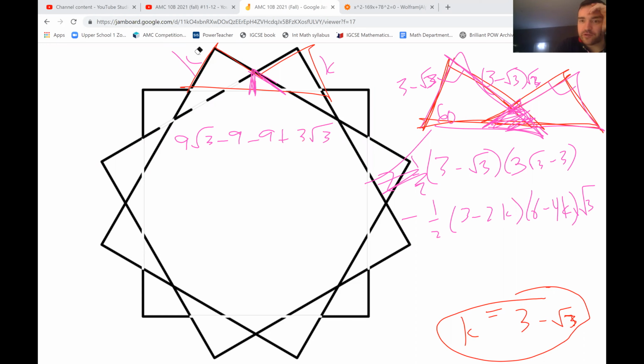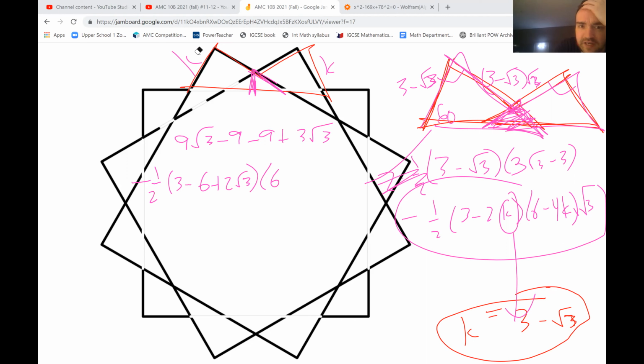And now we need to figure out this part. But remember, k is 3 minus root 3. So we have minus 1/2 times 3 minus 2k, and that's going to be 6 plus 2 root 3, because 2k and k is that, right?